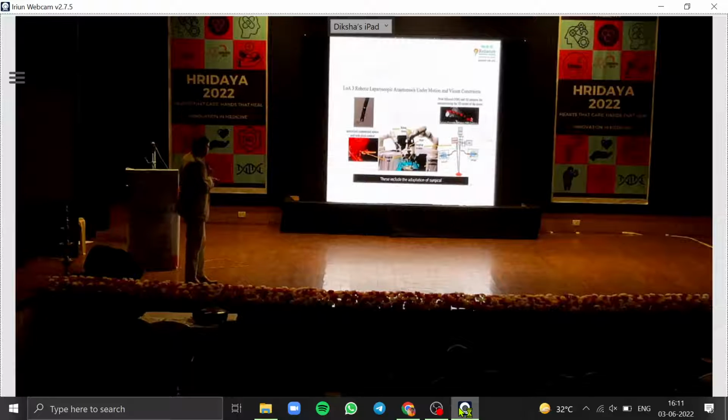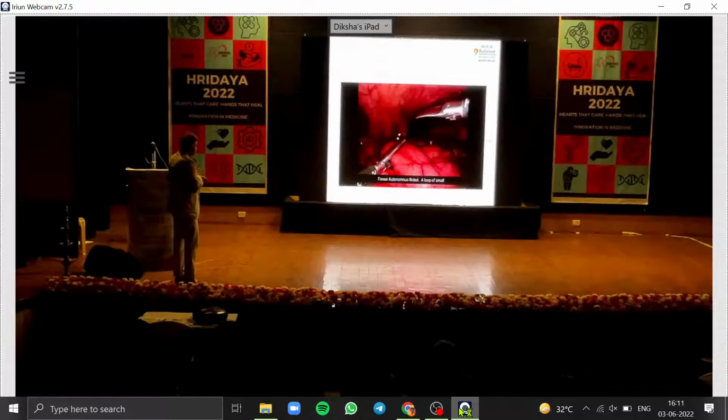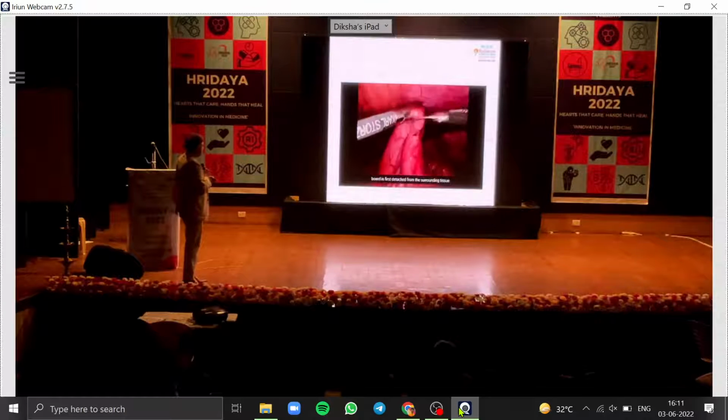These include the adaptation of surgical tools to robotic platforms, the combination of near-infrared and structured light cameras for three-dimensional imaging, and robotic control schemes that generate surgical plans to autonomously correct for tissue deformation and obstruction. We now showcase these innovations by performing a small bowel anastomosis using the Smart Tissue Autonomous Robot. A loop of small bowel is first detached from the surrounding tissue.